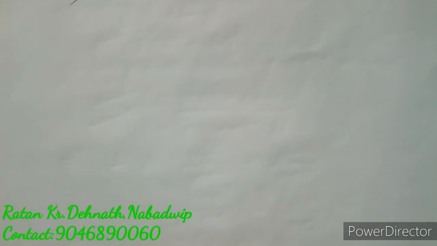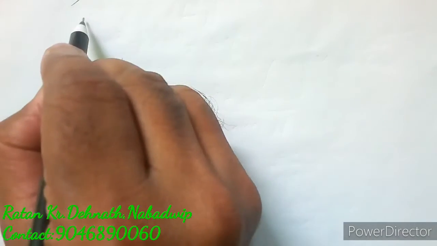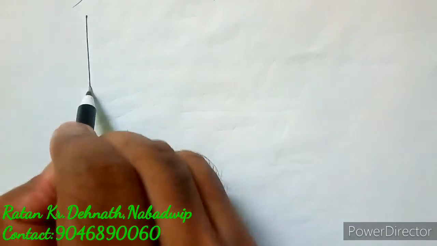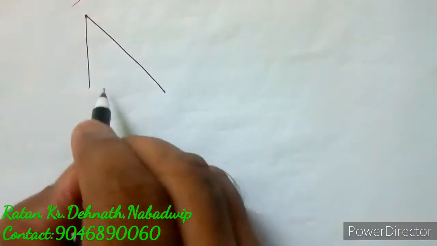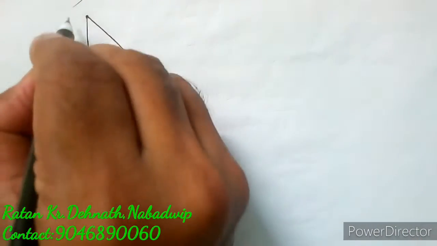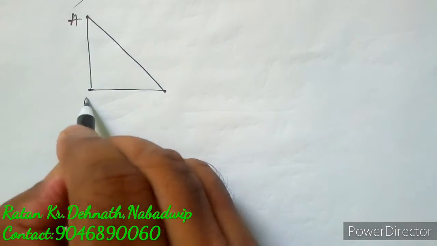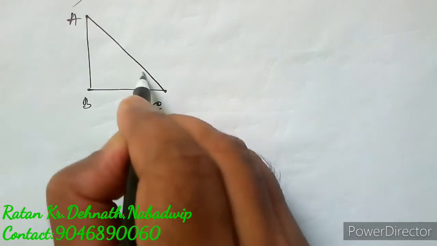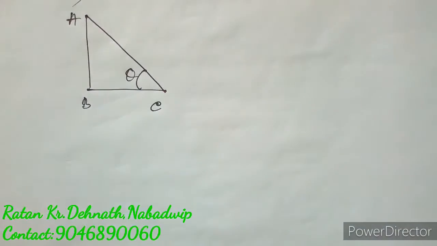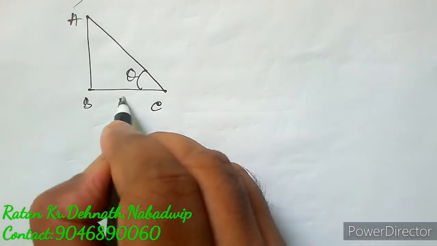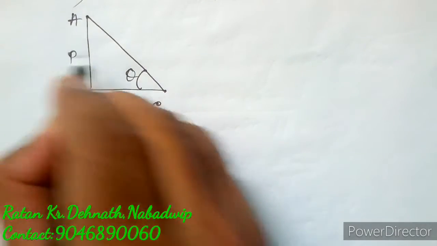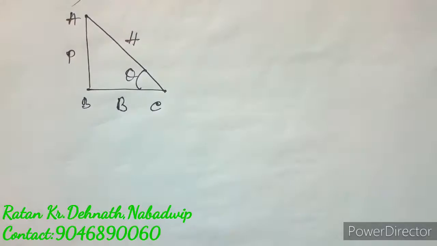In order to prove the next formula, let us draw the same figure once again. This is theta, so this is the base and this is the perpendicular, obviously hypotenuse.